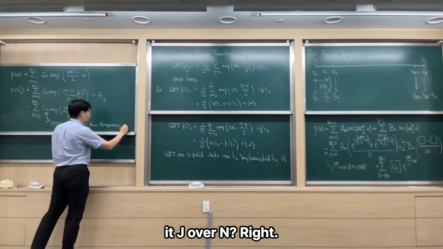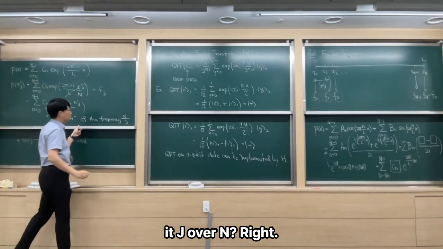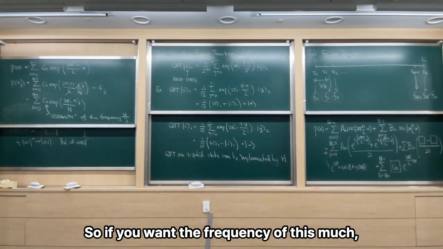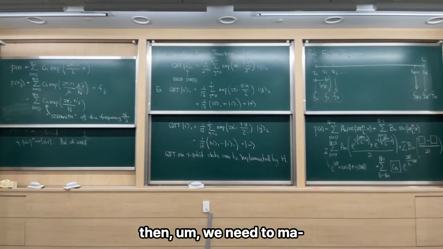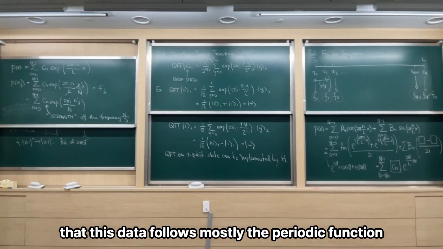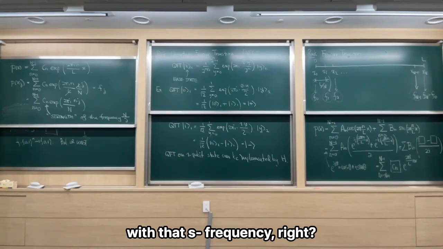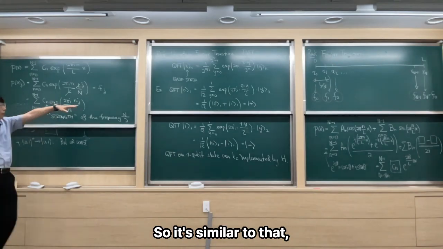It's J over N, right? So if you see the strengths of that frequency higher than any other frequency, then you can conclude that this data follows mostly the periodic function with that frequency, right?